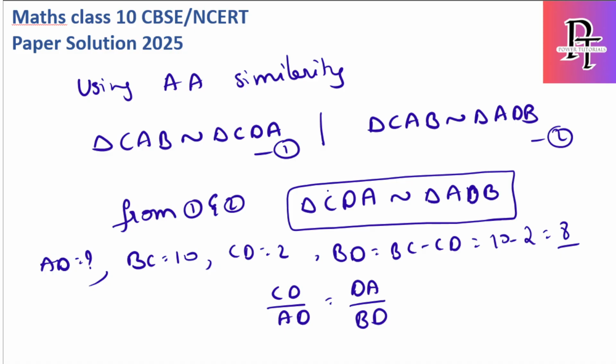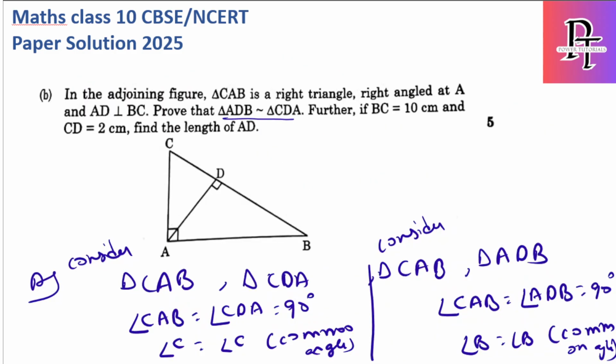Okay, so respective ratios, CD by AD, AD by BD. So what is CD value? CD value is 2. AD value we need to find. Let's mark it as x. Again BD value we got as 8. So if you cross multiply, x square, I will get as 16. Therefore AD is equal to root of 16, which is 4 centimeters. They're asking centimeters. Yes.